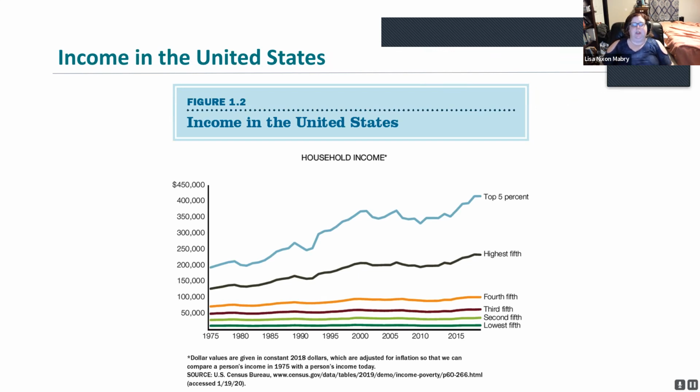But as you see, as we moved along between 1975 and 2015, which is what, 40 years, look at this. These people have not moved hardly at all. The fourth, third, second, and lowest fifth, whereas the highest fifth and the top 5% of people have skyrocketed in the amount of money they're making.